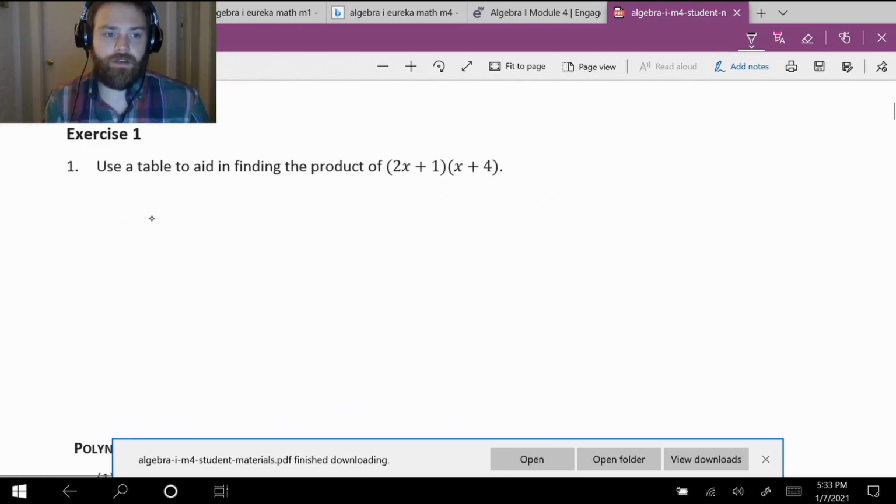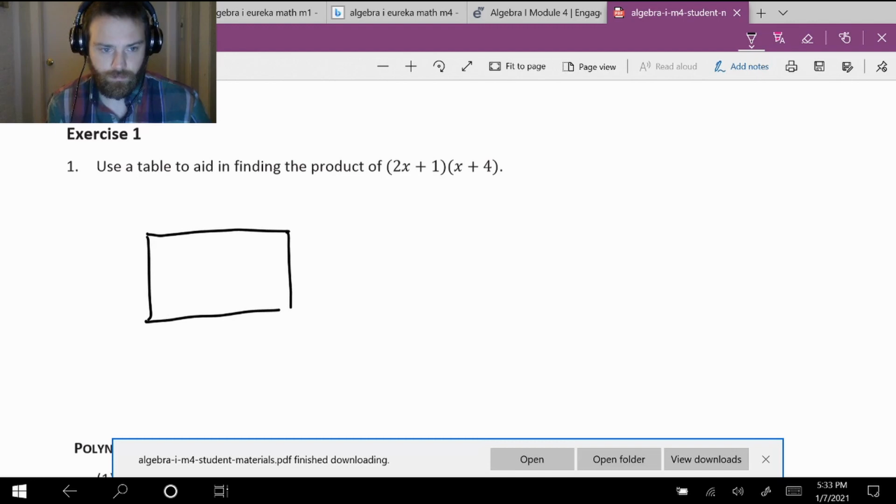And then they're saying use a table to aid in finding the product of 2x plus 1 times x plus 4. Well, we can do that. So 2x plus 1 up there, x plus 4 here, and then let's just multiply these out.